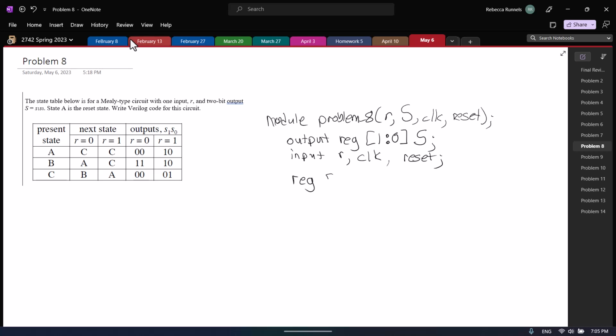So reg 1:0, and I'll have 2 of these, and I'll call one present state, and I'll call one next state. And what's that? You could put them back to back.